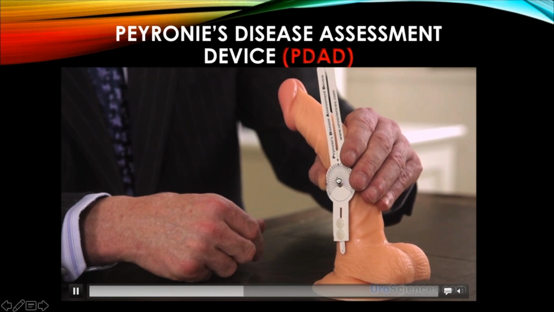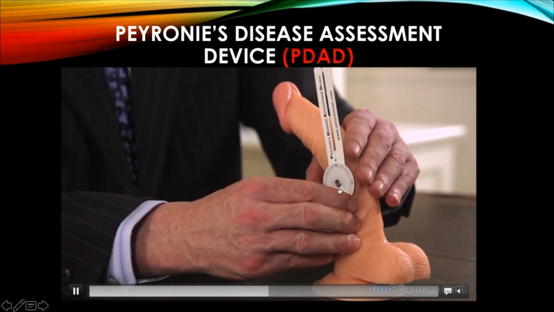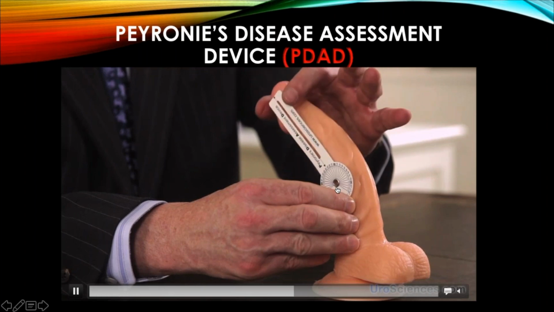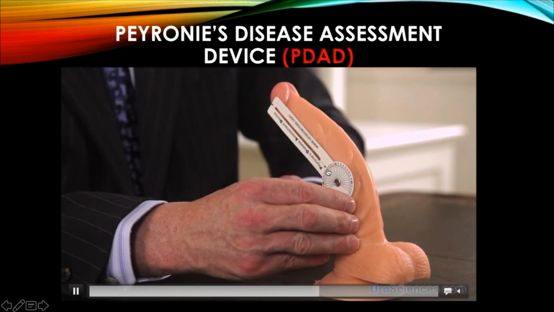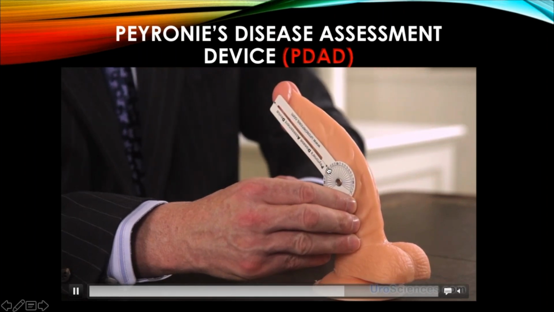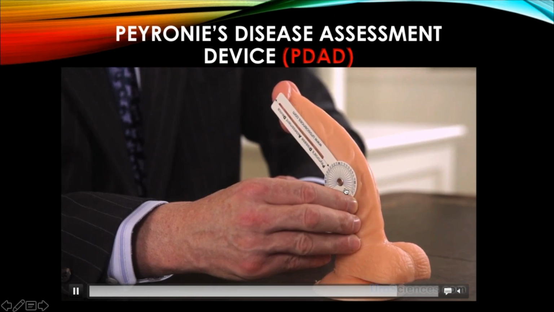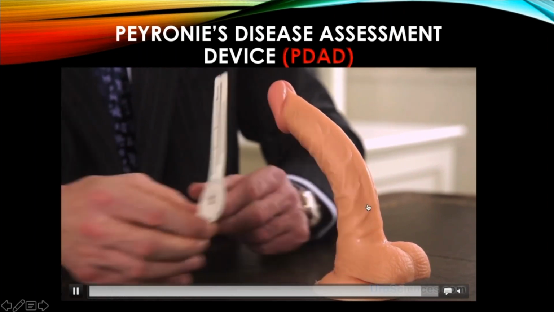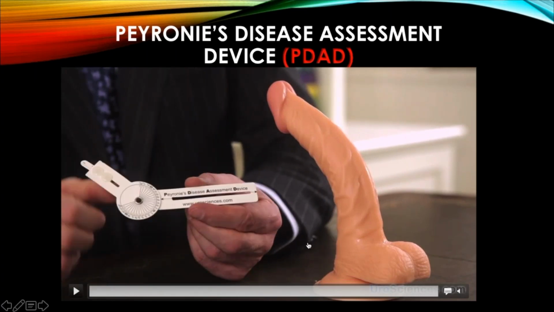You want to put this rotating area at the point of maximal curvature, then bend that down, and you'll see in this particular case, there's about a 40-degree curvature. I know it's not so easy to read, but that will give you the number and degree of curvature, and you can also measure that right and left as well.